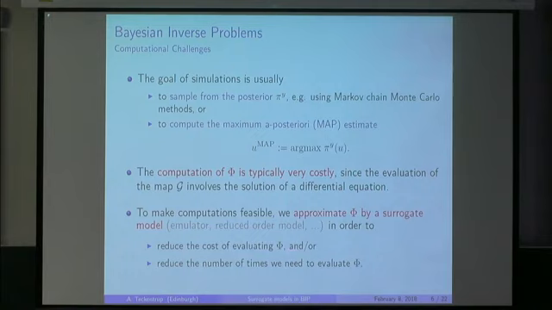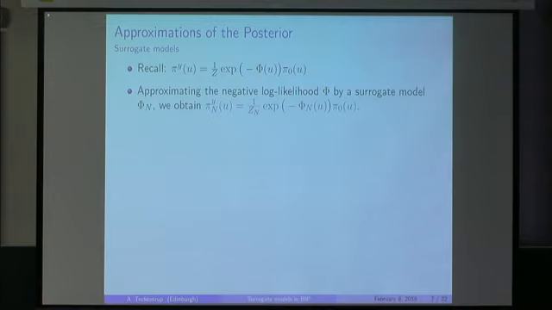So now we have our true posterior, which is very expensive to deal with, and so we're going to use a surrogate model to approximate it so that we can use it in practice. Okay. So this is our true posterior. We have the posterior measure, the data likelihood, and the prior normalizing constant. What we're now going to do is approximate the log likelihood phi by some surrogate model, which I'm going to call phi n.